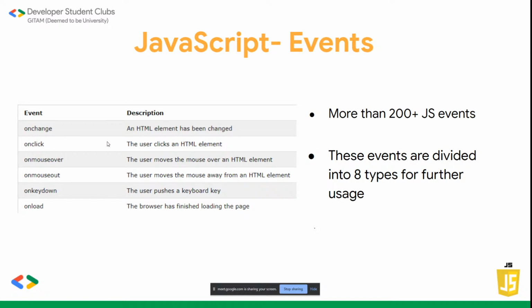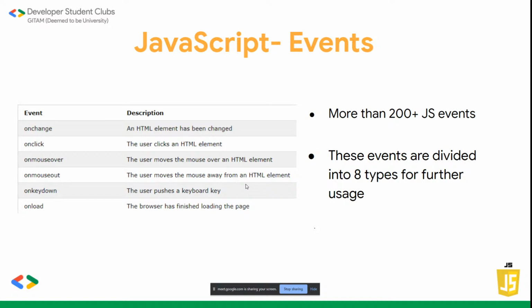Some of the main important events are the onchange event. An HTML element has been changed. Whenever you type in an input box, I think Navin has showed you forms, right? Whenever you type in an input box, you're changing some characters in that HTML attribute. So that's an onchange event. Whenever you click on a button, that's an onclick event. Whenever you move the mouse over a button, that's onmouseover.